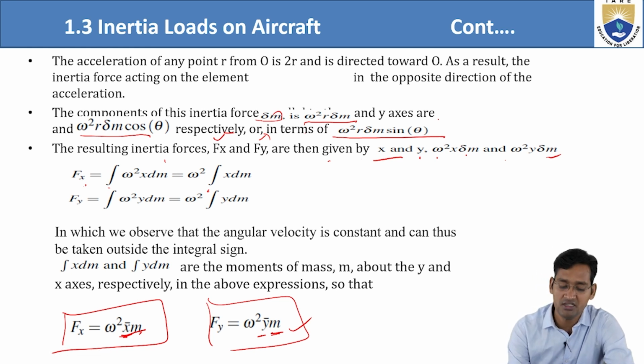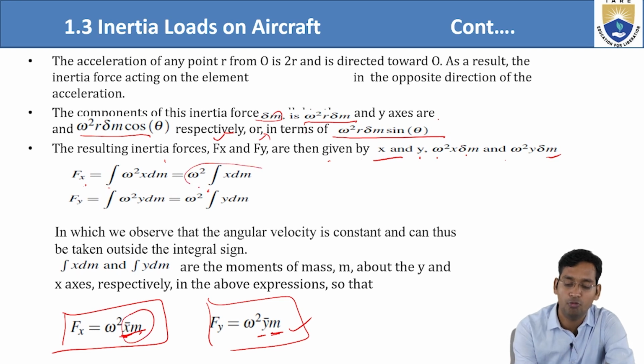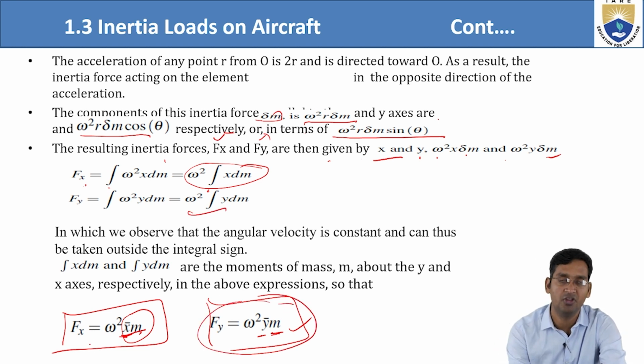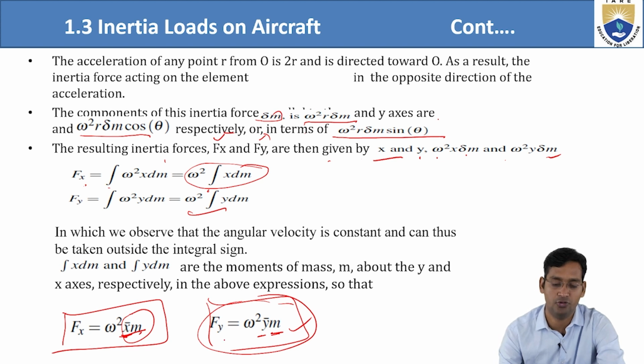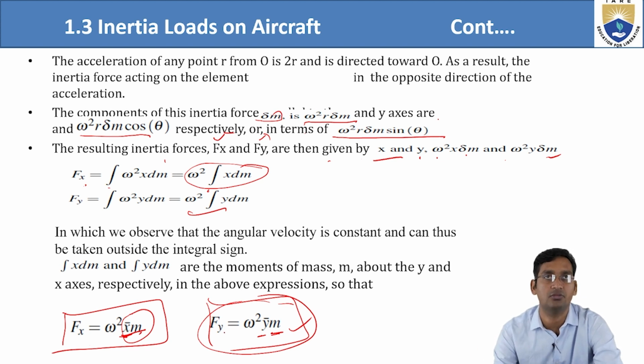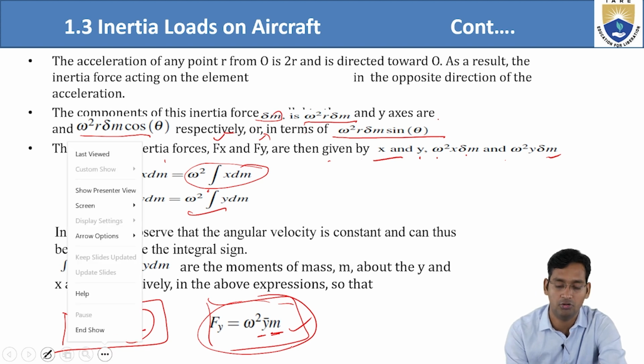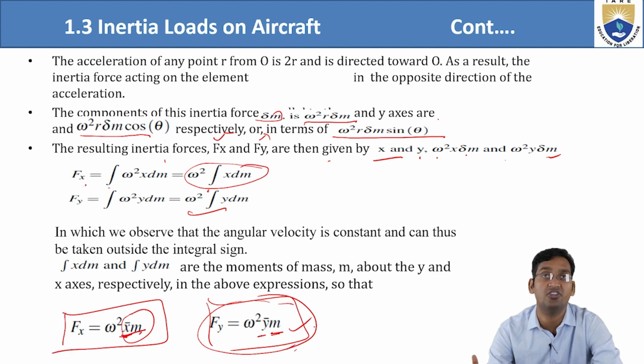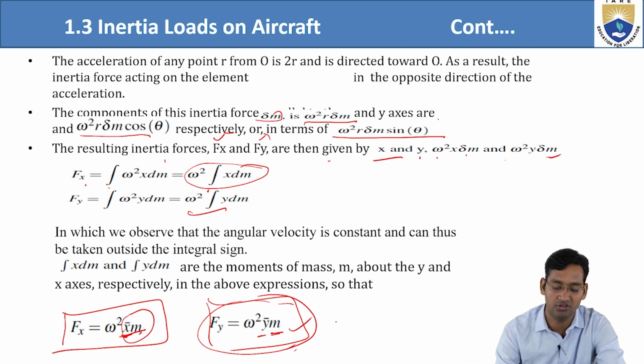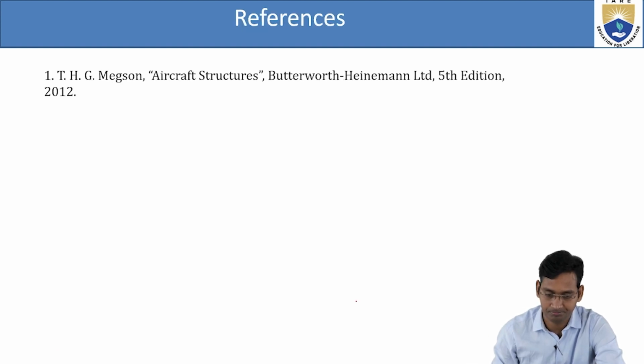So for that we can write the integral of x dm as x bar m and the integral of y dm as y bar m. So this becomes omega square x bar m and this becomes omega square y bar m. This will be the force along the x-axis and the force along the y-axis. That is the inertial load along the x-axis and y-axis because of acceleration, deceleration and maneuvering. When changes take place, this much force will be there.